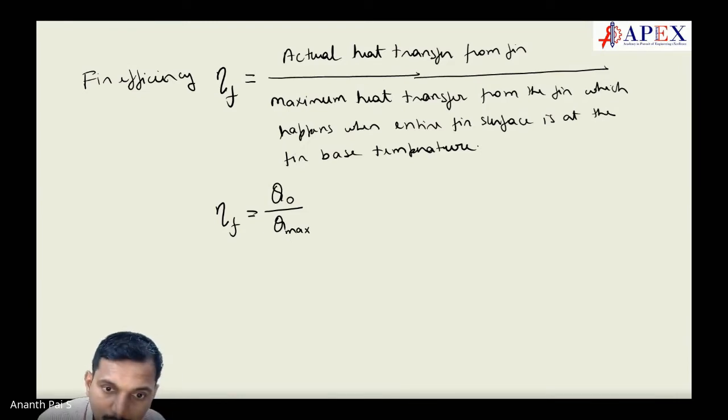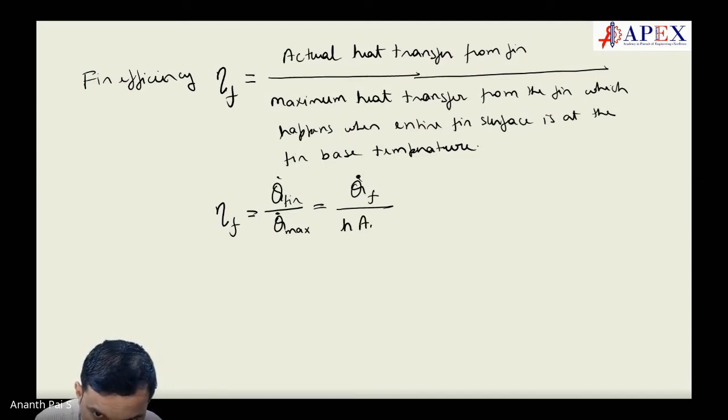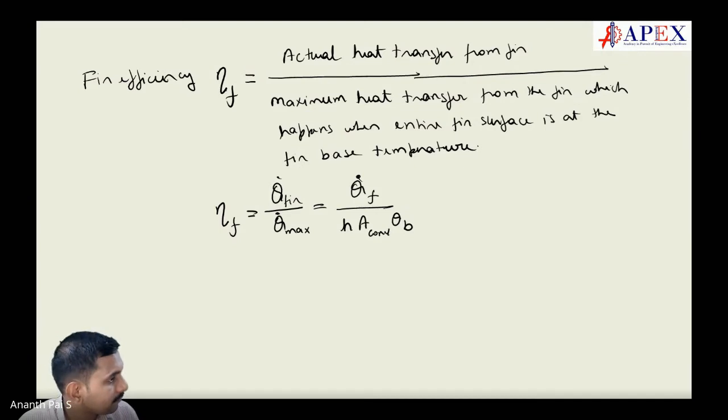Q actual is the heat rate from the actual fin, Q fin, divided by h times the area of the fin, where area of the fin means convective heat transfer area, times theta b. Make sense?